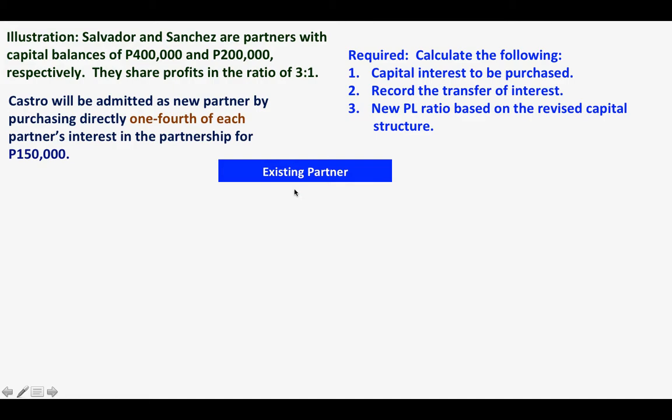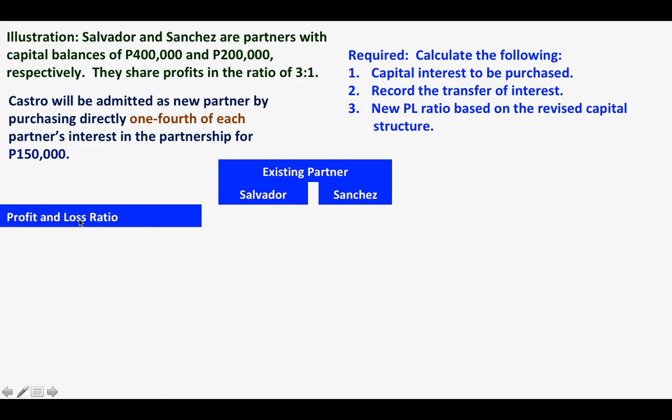of the problem. First, let us get the existing partners, Salvador and Sanchez, profit and loss ratio. In this, they do have a profit and loss ratio of 3:1. Okay? It is given. And then let us get the capital balances.